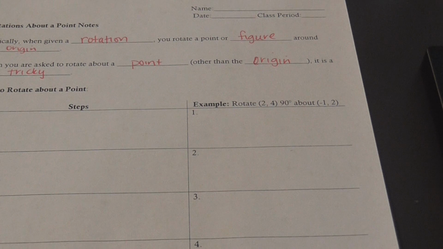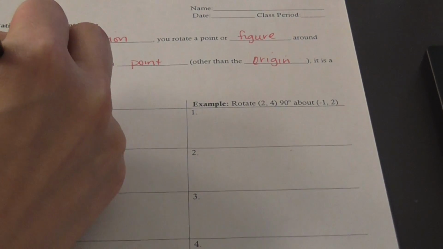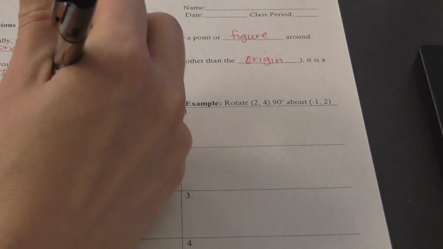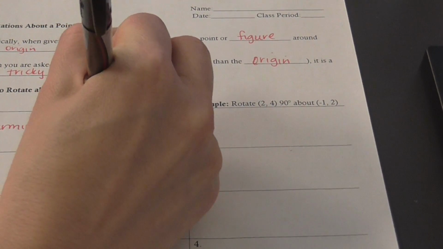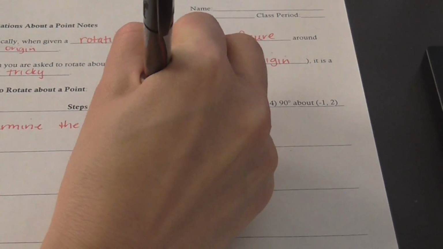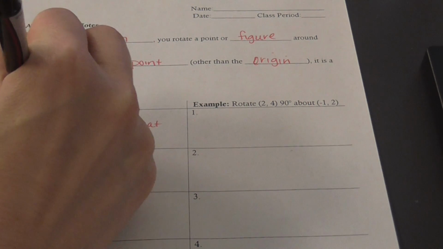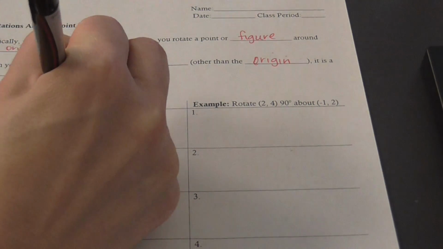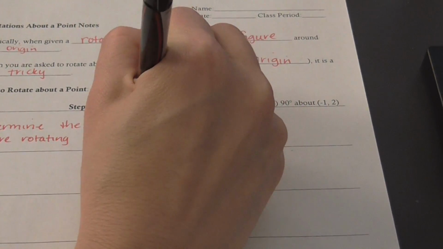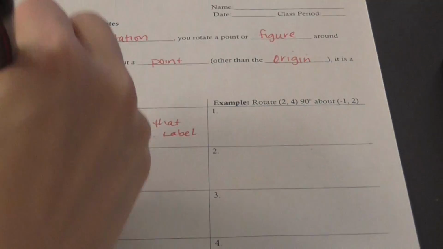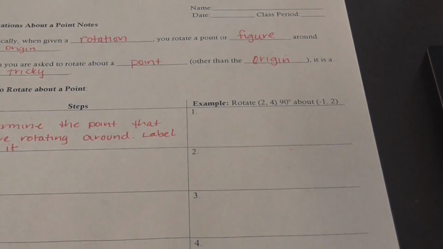The very first thing you need to do is determine the point that you're rotating around, and label it with the letter B.